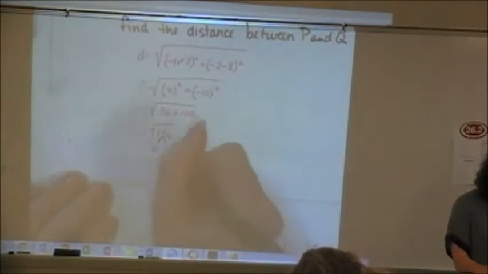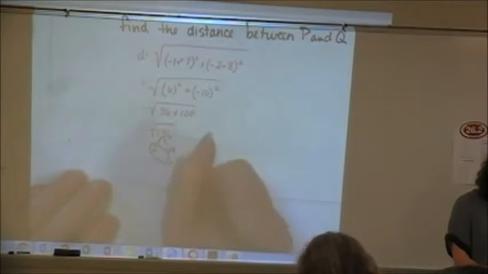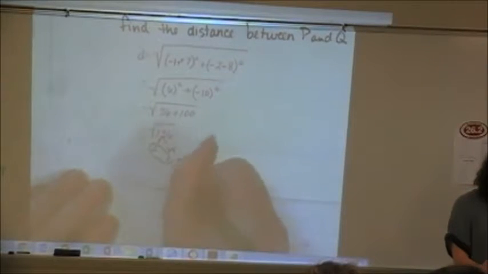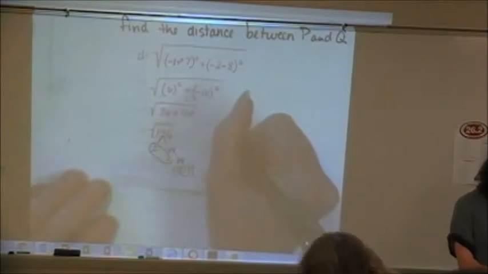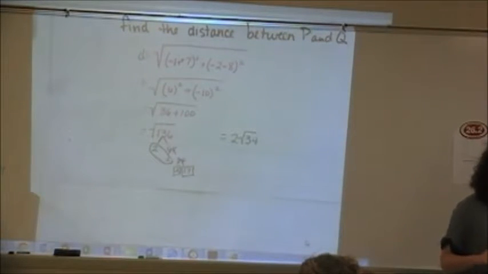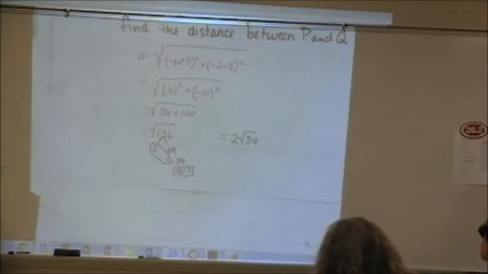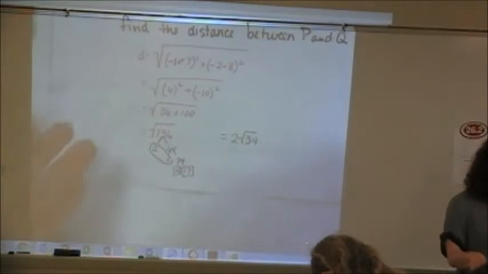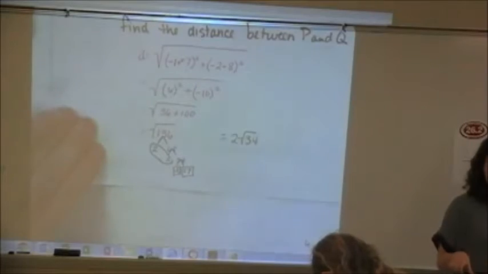In groups, I have one group of 2s. These 2 guys don't have a group, so they stay at home. So it ends up being 2 square root 34 is your distance. Everybody all right? Everybody remember doing that?